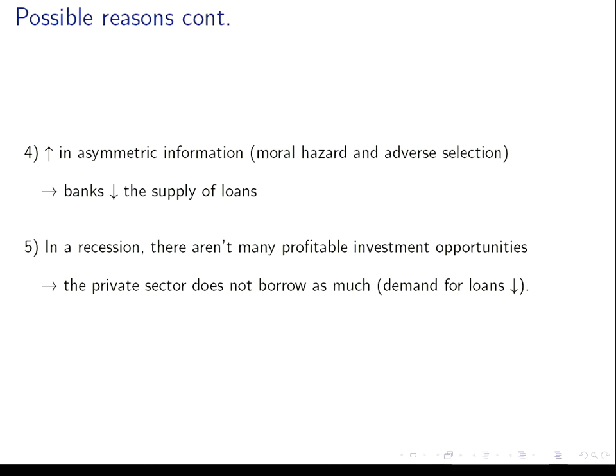Moral hazard is, say, for example, I make a loan to someone who says that he or she is making a new app. And I think that that's a worthy investment, and I give him or her that amount, whatever the amount is.